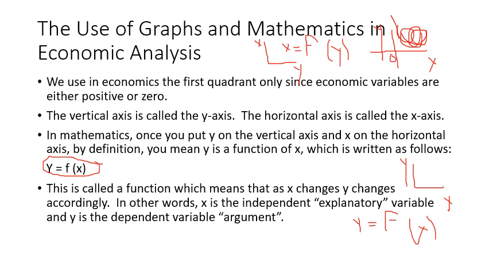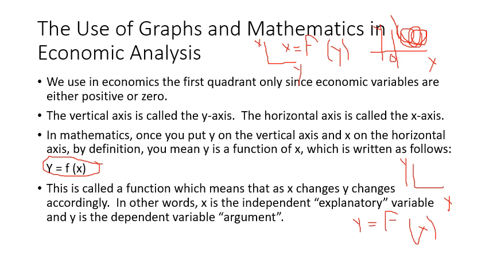Of course, it means that x and y are related. Supposedly, because if they are not related, you will never write it, because this is a function. A function is a mathematical relationship. If there is no relationship between x and y, then you cannot put y as a function of x. When you put y as a function of x, we call x the independent variable or the explanatory variable, and y the dependent variable or the argument of the function.